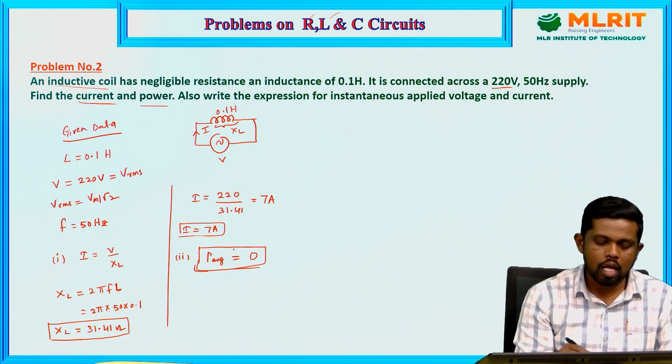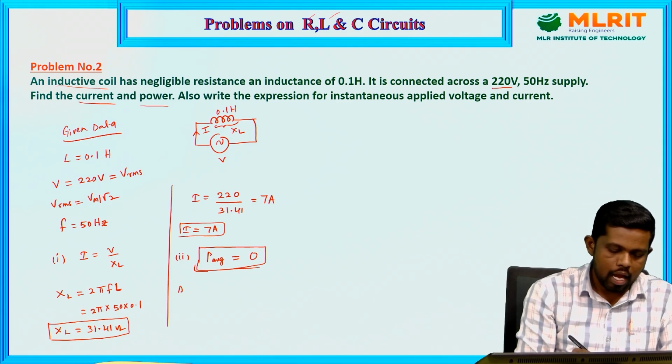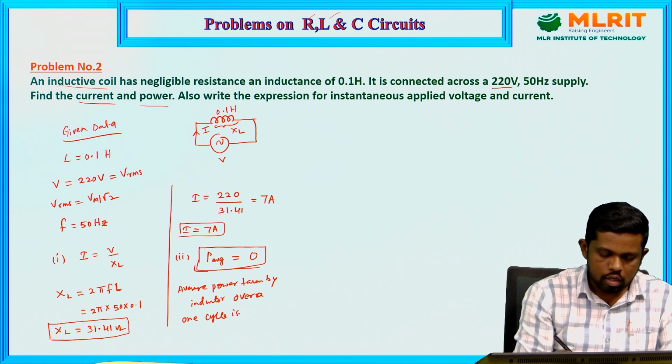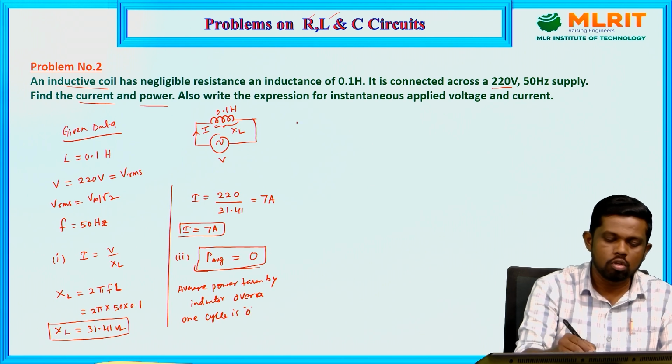So the average power taken by the inductor over one complete cycle is 0. So P average should be 0. This is the second question.